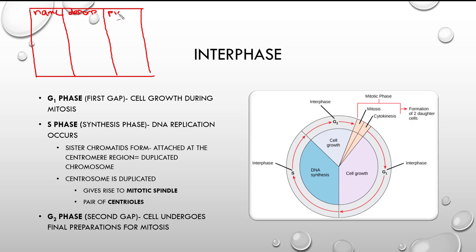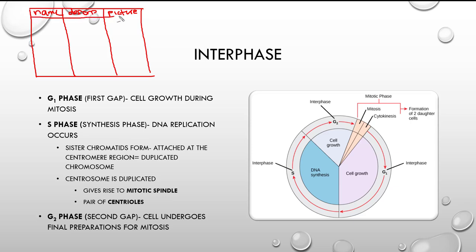Again, I like to do pictures, similar to what I had you do for the cell parts, because if you can draw a picture of what's happening during the phase, it'll be easier for you to remember what's going on.